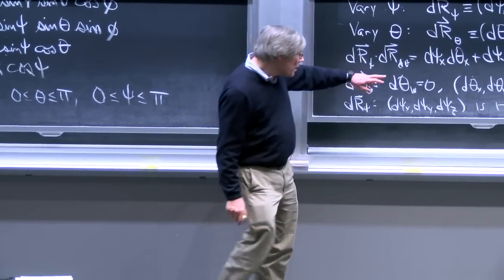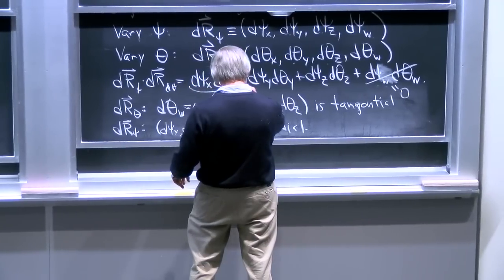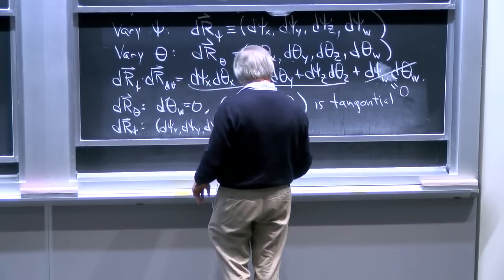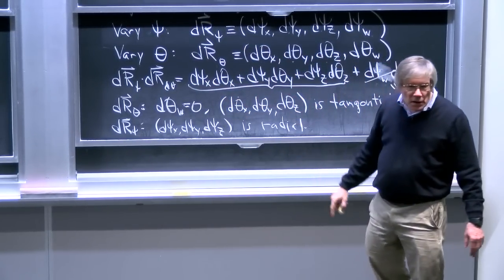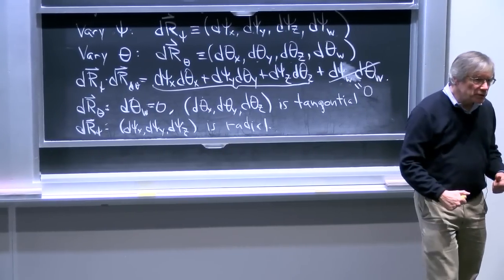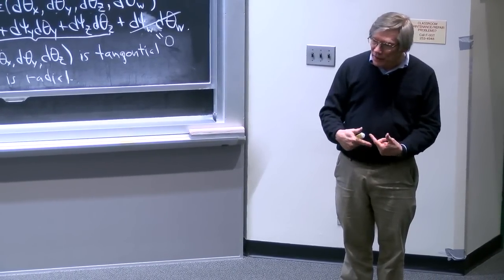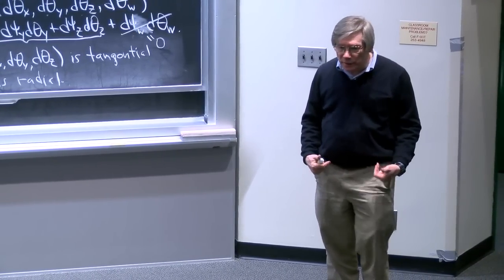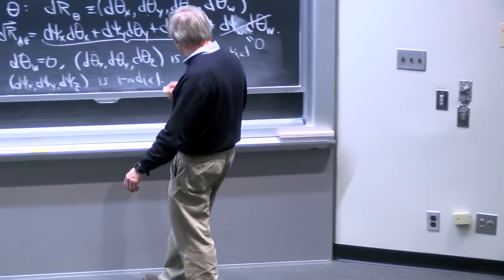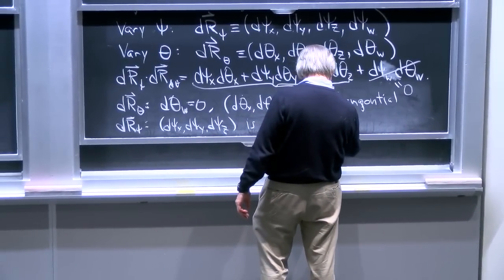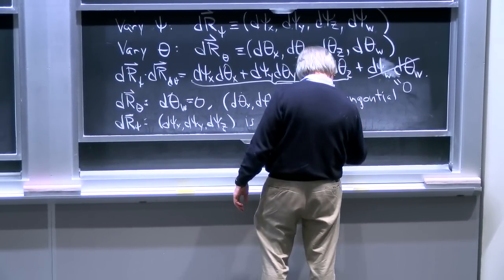So the sum of these three terms, which is what we're trying to evaluate, is the dot product of a radial vector and a tangential vector. And the dot product of a radial vector and a tangential vector will always be 0 because they're orthogonal to each other. Sorry for the overlap here, but it equals 0.